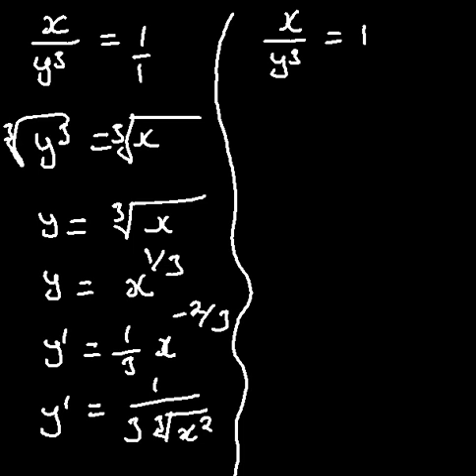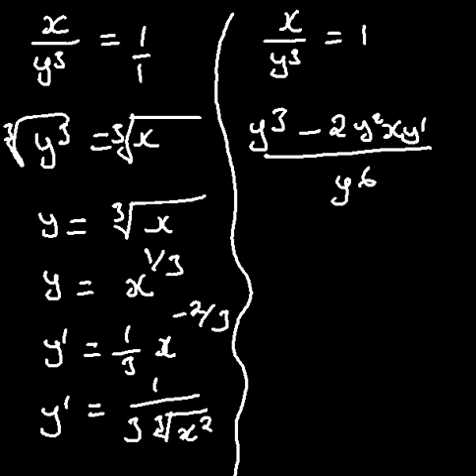So for that case, u prime is 1 times v, which is y to the power 3, minus the derivative of y cubed, that will be given as 3y squared times x times y prime. Since we are differentiating y there, we have to multiply by y prime, and that is divided by v squared, which is y to the power 3 all to the power 2, that is y to the power 6, which is equal to 0, because the derivative of 1, which is constant, is 0.